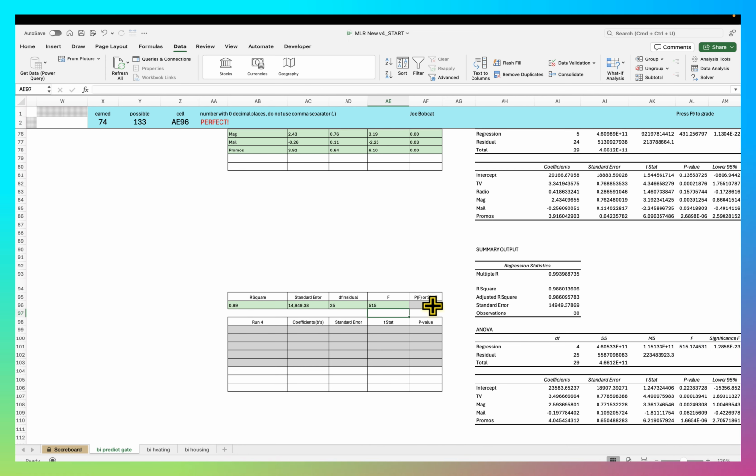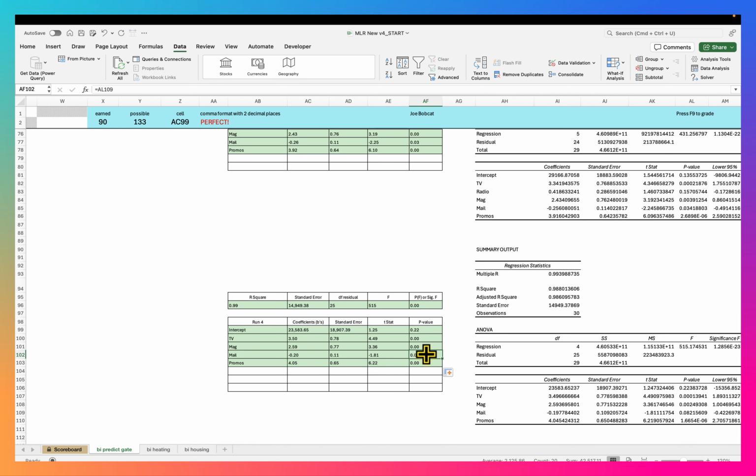There's the F, which is getting bigger too, and the probability of F still stays essentially 0, it's such a small number. And there's the intercept. By the way, the intercept is the one and only one that you can't eliminate from the model. So when you're eliminating predictors, it's everything but the intercept.